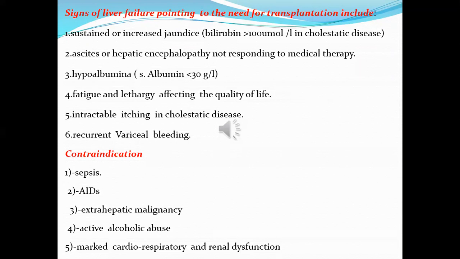Active alcohol abuse: if the patient has alcoholic liver cirrhosis and you plan a liver transplant while he is still actively drinking, it is difficult to do the liver transplant. Cardiorespiratory or renal dysfunction: a patient with heart failure, renal failure, or respiratory failure, all are contraindications for liver transplant.